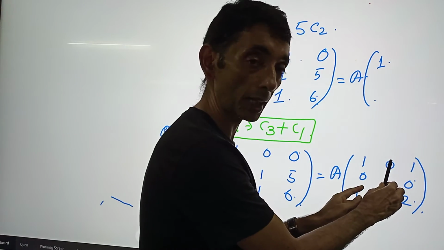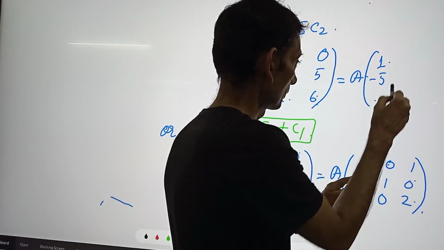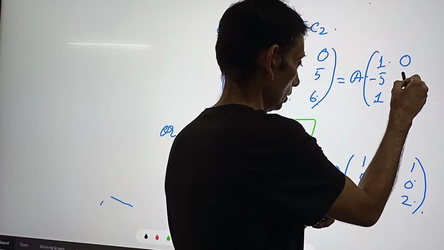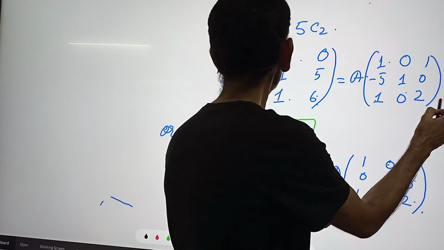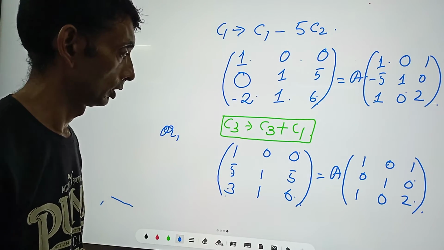If you multiply C2 by 5 and subtract, this will be minus 5, and there is no change in this number. So 0, 1, 0, and 1, 0, 2. Done.